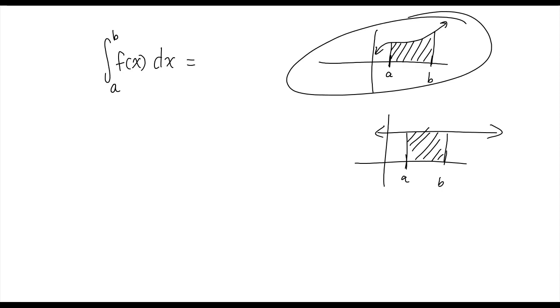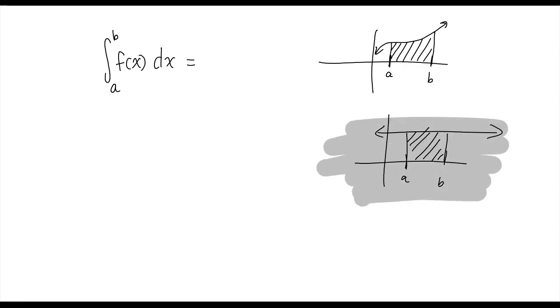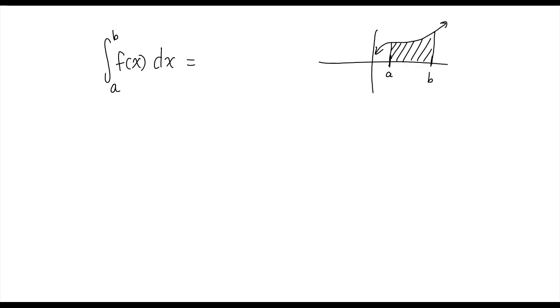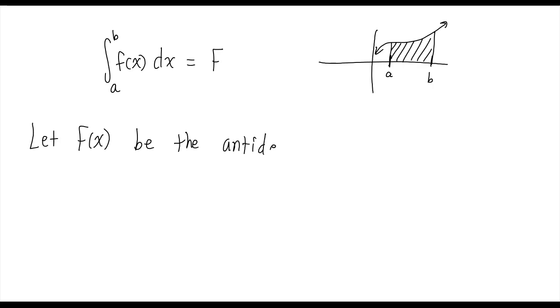So to find that area, you can use the fundamental theorem of calculus, which just says find the antiderivative of the function f. That's going to be capital F to represent it. Let me write that here. Let capital F of x be the antiderivative of little f of x.